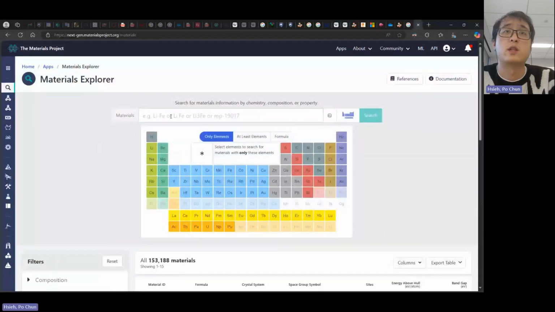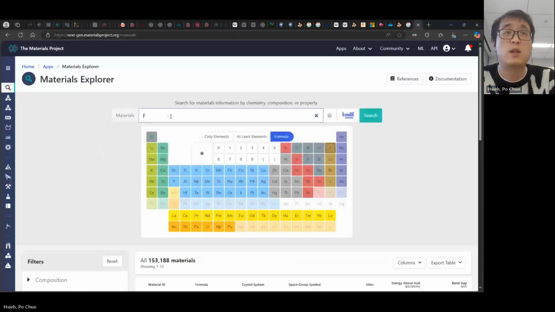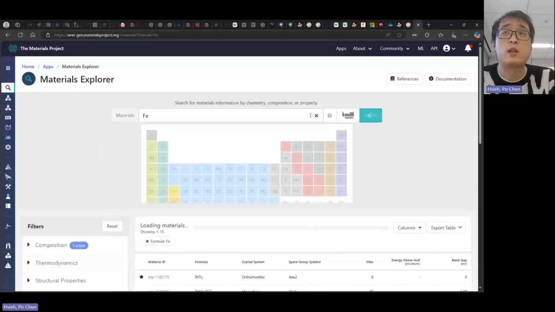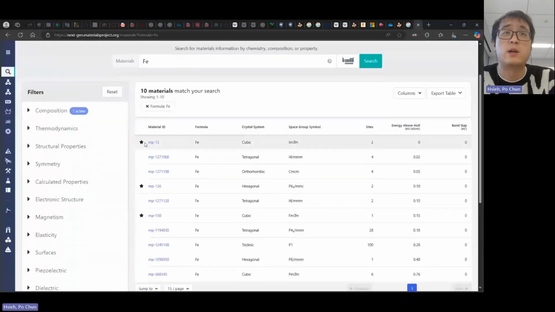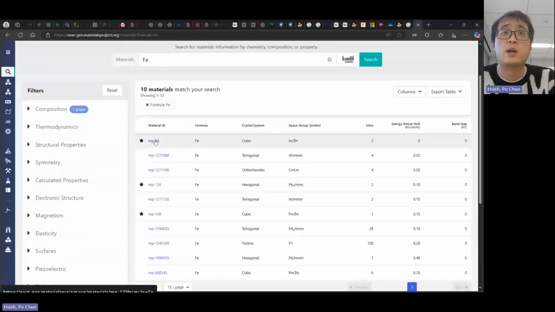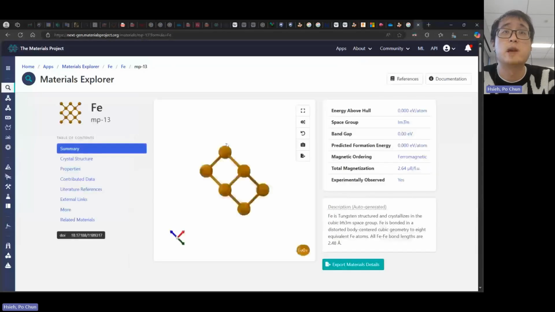So here, for example, I want to know more about the crystal structure of iron. Okay, search for iron. You can see this one is the body centered iron. I believe it is ferrite, right? Yes, it is ferrite.